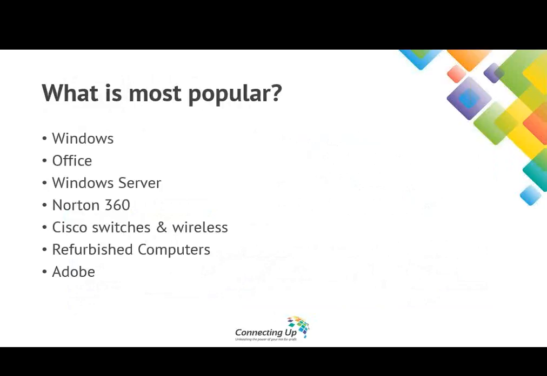So what a lot of organizations choose to do through the donations program is because they now have access to software at such a reduced rate, they often take the opportunity to upgrade all of their computers to the same version of Windows and Office, even if they're a small organization with 1 or 2 computers.